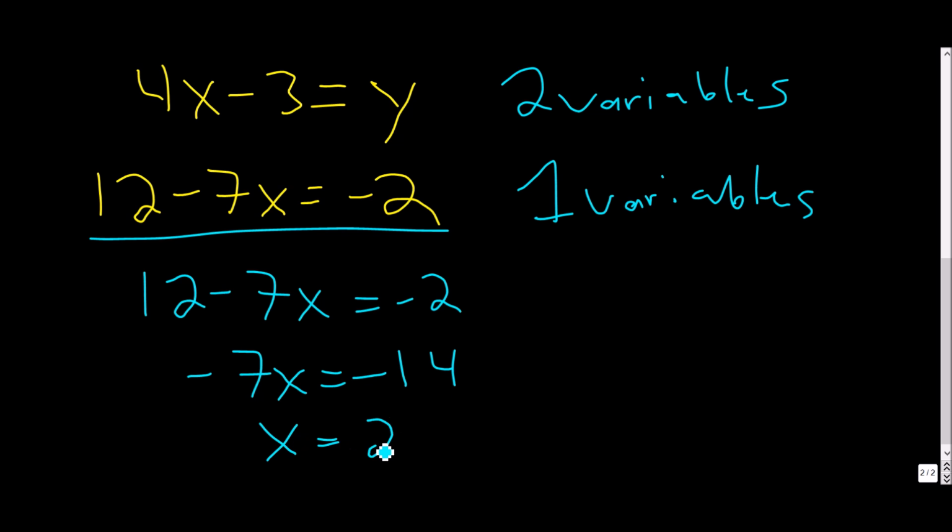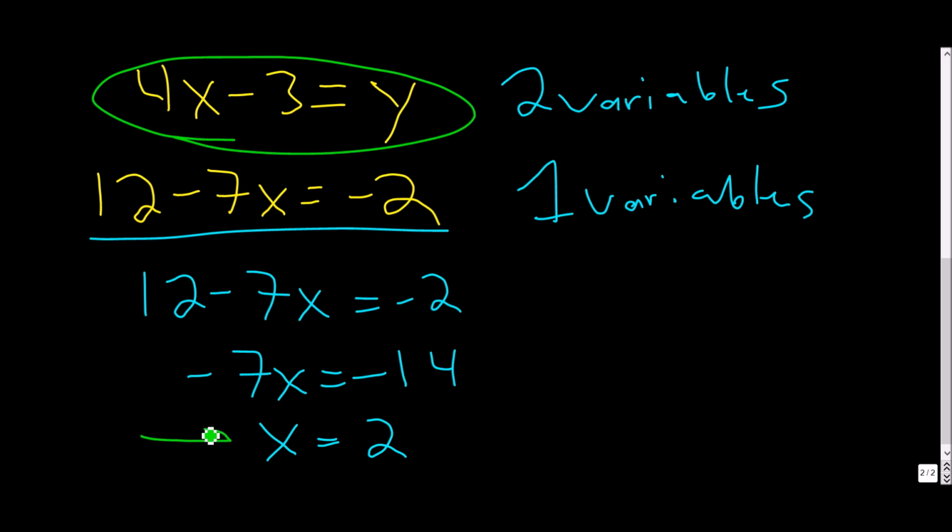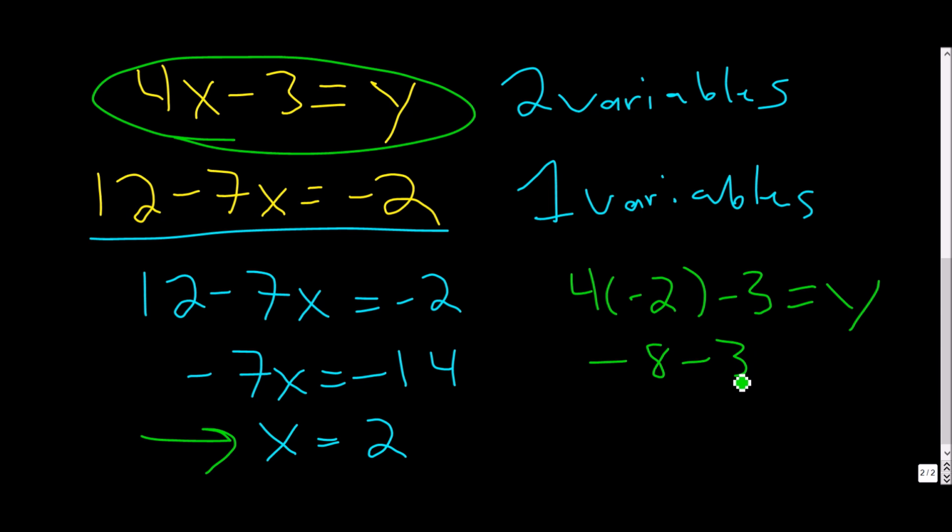So if x has to be 2, we can go back and look at this equation up here at the top and say, okay, well, 4 times 2 minus 3 makes y. So we get 8 minus 3 makes y, and we get y to equal 5.